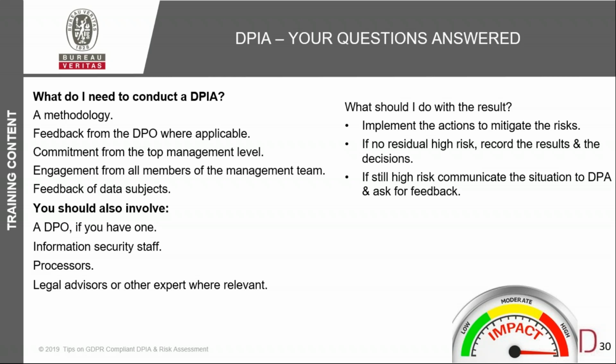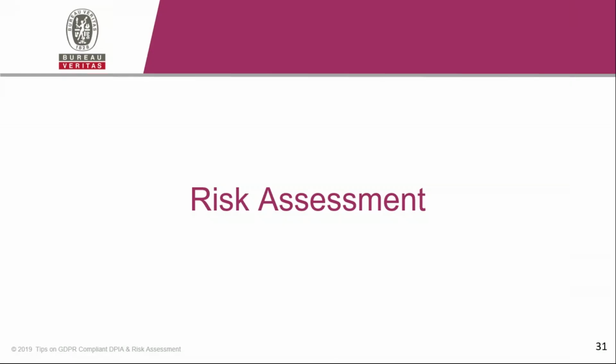So even if you don't carry out the DPIA, you have to have security controls implemented. There's no defined list in GDPR talking about which controls they are, but it requires organizations to do that.